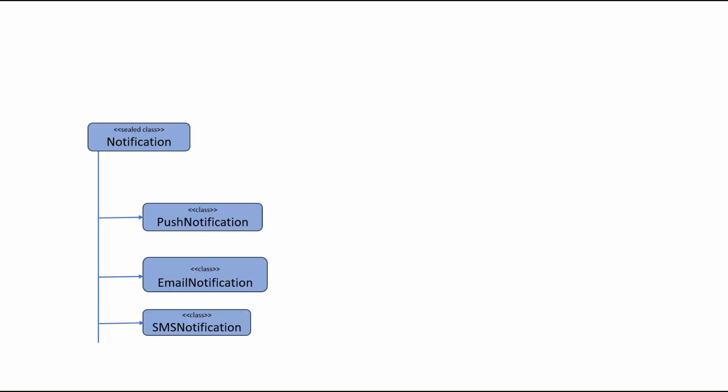Here we are going to use the example of the notification system which we have seen in the previous video where we talked about sealed classes. We are going to add a few interfaces and classes to understand sealed interfaces.